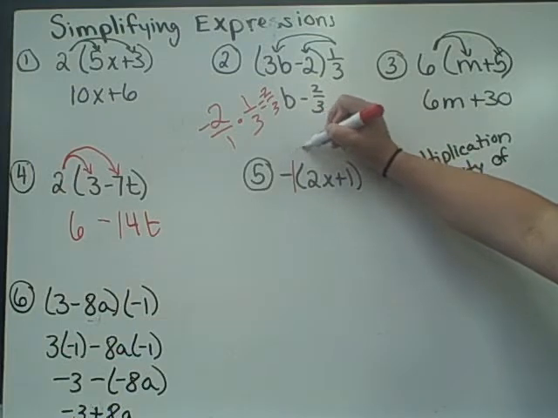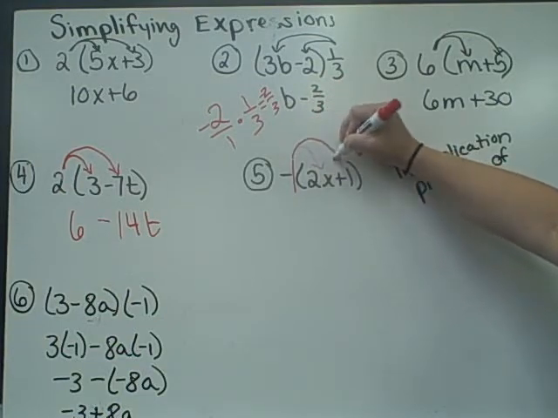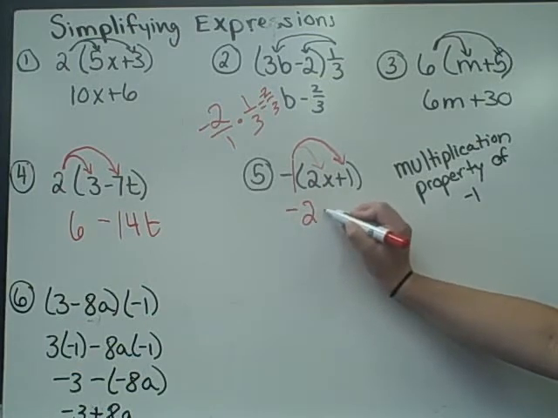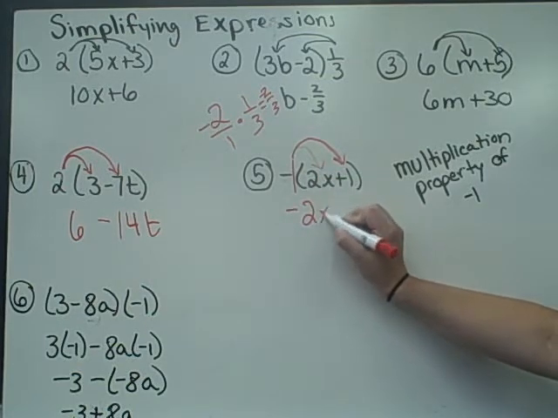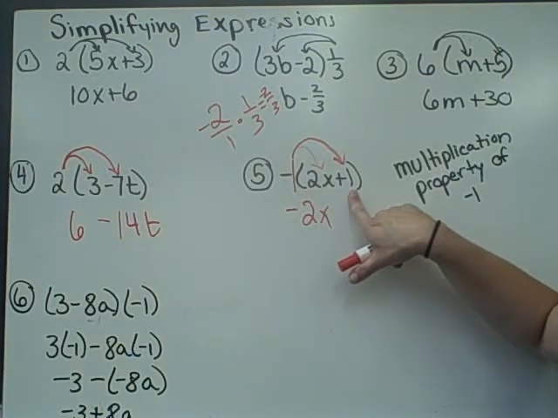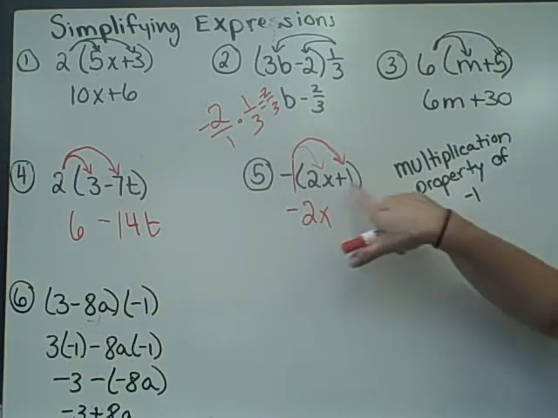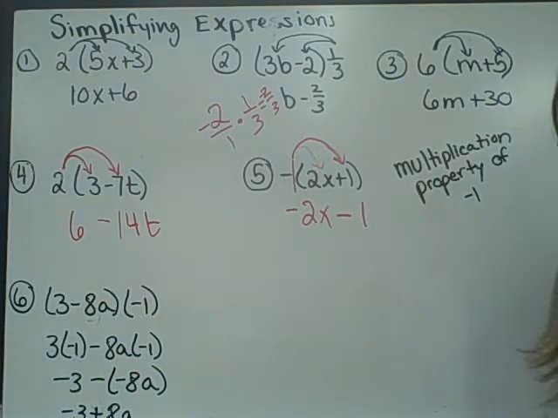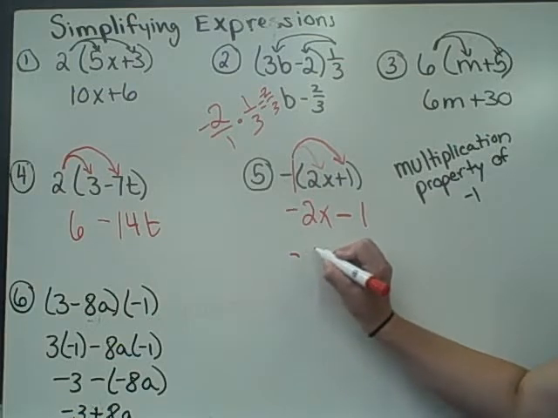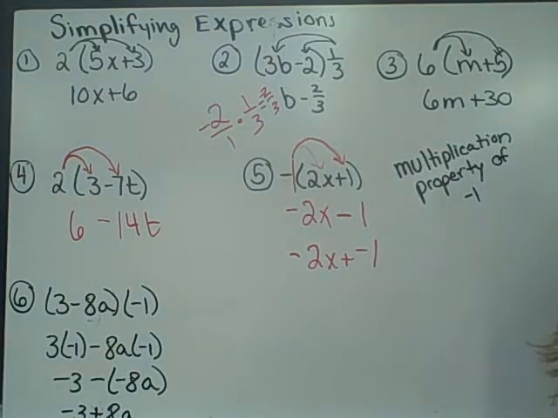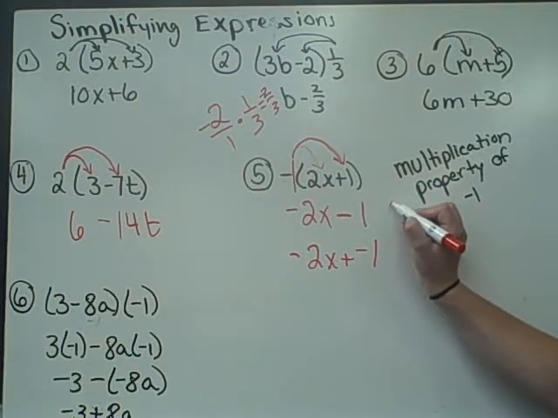So we would distribute -1 into the parentheses. -1 times 2x is -2x, okay? -1 times a +1 would be a -1, so I'm going to write -1. I could write plus a -1, but when you see it on tests and things like that, it's going to be written like that.